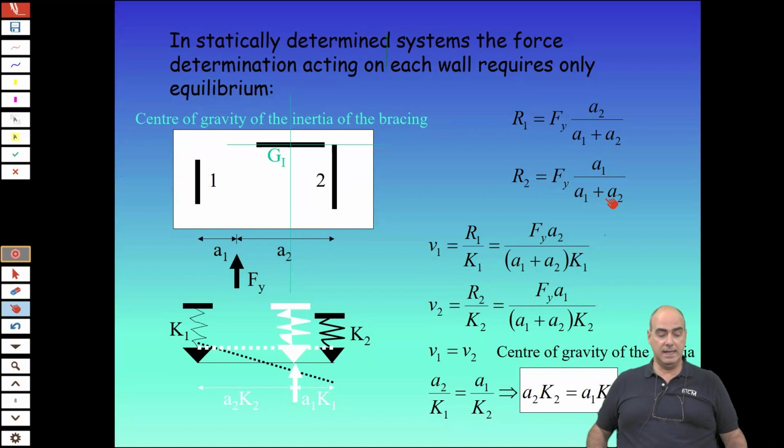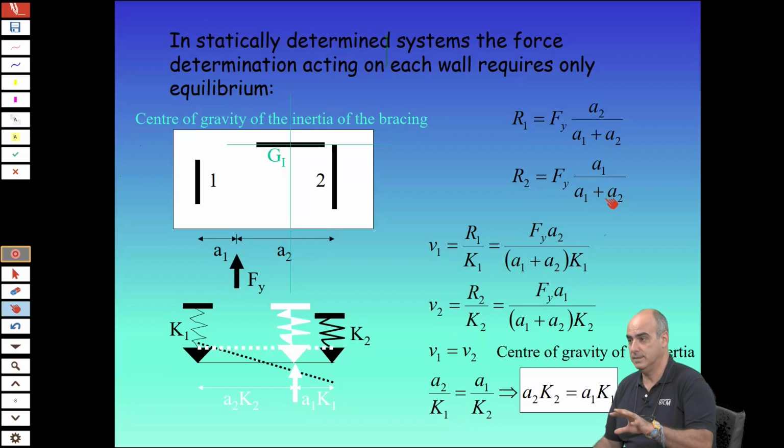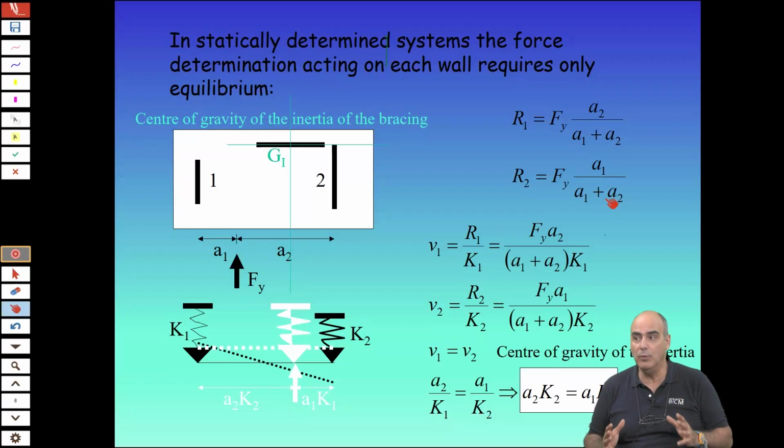So imagine that you have a force which is applied where it's written there. First of all, when you have a system of walls, you have to calculate the gravity center of the inertias, because actually the building will react around that point.